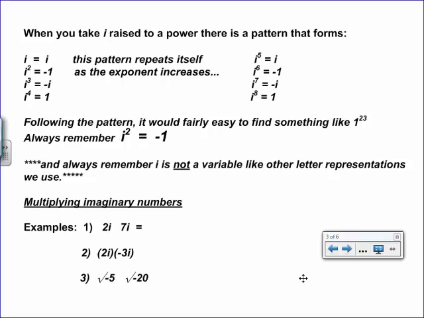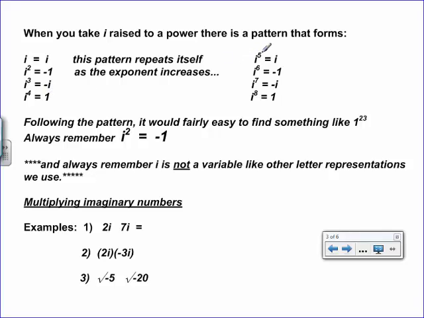Okay, looking at some more properties of imaginary numbers. We talked about i, which would be the square root of negative 1. And there's a pattern that happens here. i, of course, equal to i. i squared, which would be the square root of -1 times the square root of -1, is -1. i to the third is -i. i to the fourth is 1.